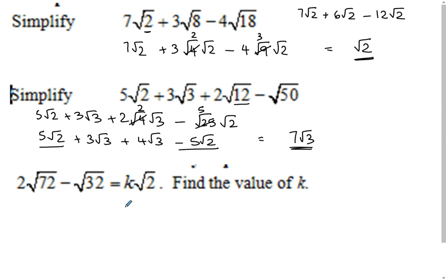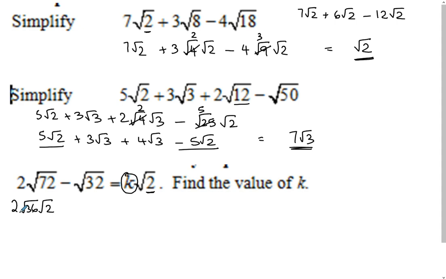Okay, yeah. All right, here, can you see how ugly that question looks? Yeah, but let's turn it around because we're so good with our surds now. So you've got 2, and again, can you see it's giving you a clue, and you have to find the value of k, so you know it's all about surd 2s. Yeah, so if it helps, put the surd 2 first, and then you think, oh yeah, 36.